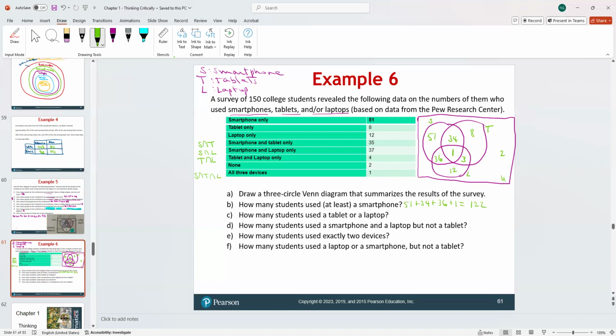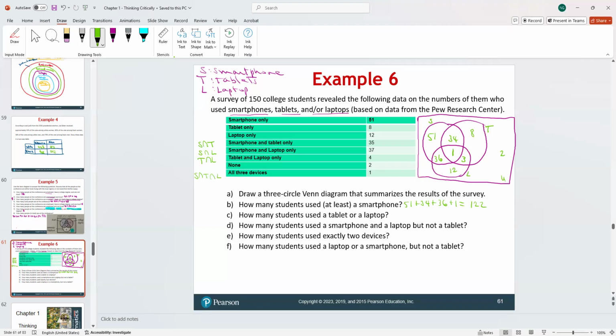Okay. Now, how many students used a tablet or a laptop? When we say or, it means you need to take everything inside of these two. Tablet, but they don't ask whether they use a smartphone.